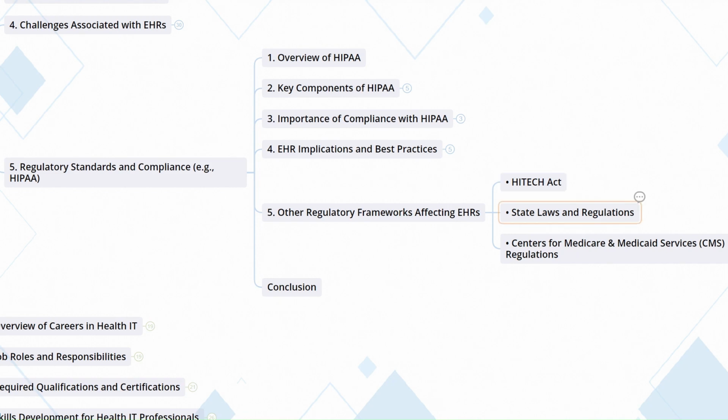State laws and regulations. Many states have laws that provide additional protections for patient information. Organizations must be aware of both federal and state regulations, as they may differ in terms of privacy and patient rights.